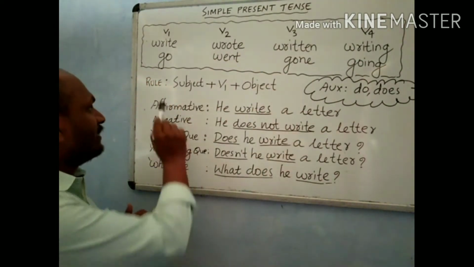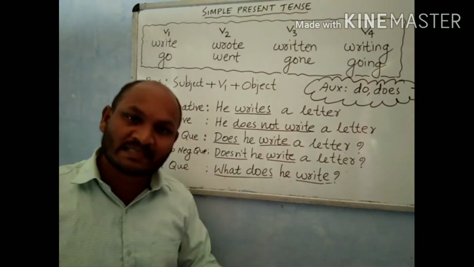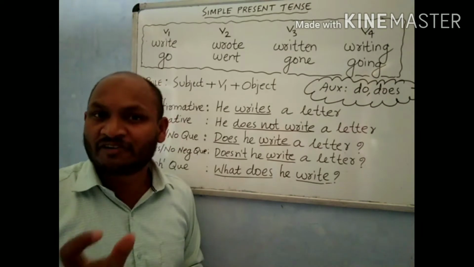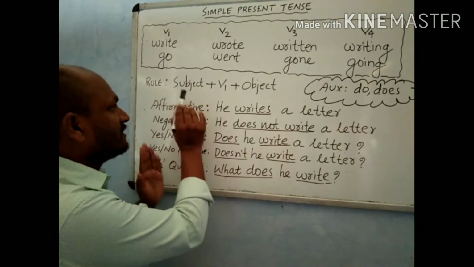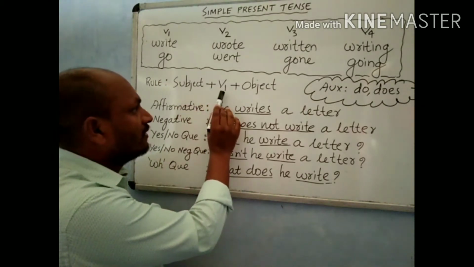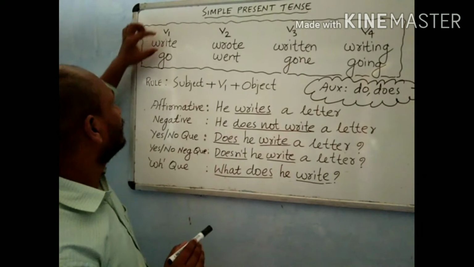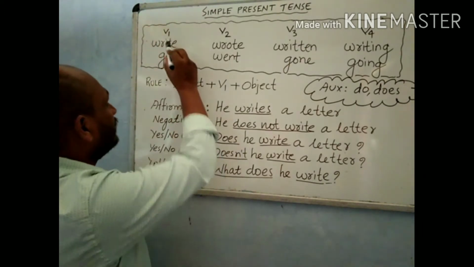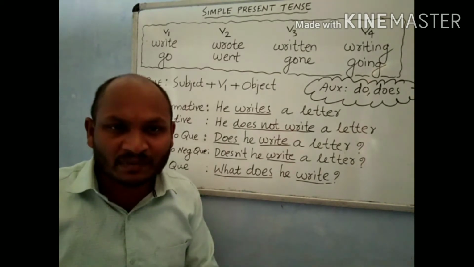Now we shall see the rule of simple present tense. Every tense has different rules. For simple present tense, this is the rule: subject plus V1 plus object, or subject plus the first form of the verb plus object. Don't worry about learning the rules.